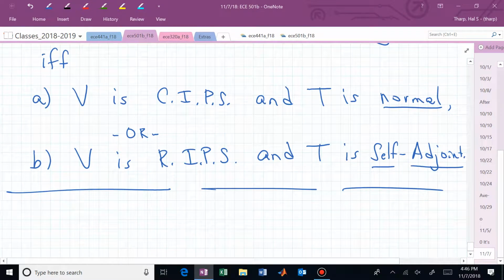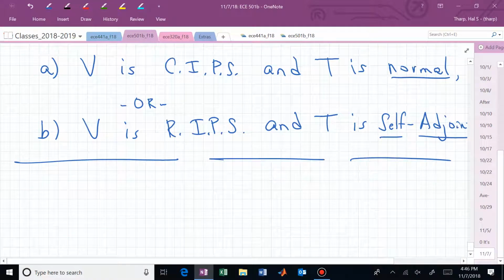So that tells us what we have to have in place to have these nice matrices with a lot of zeros.